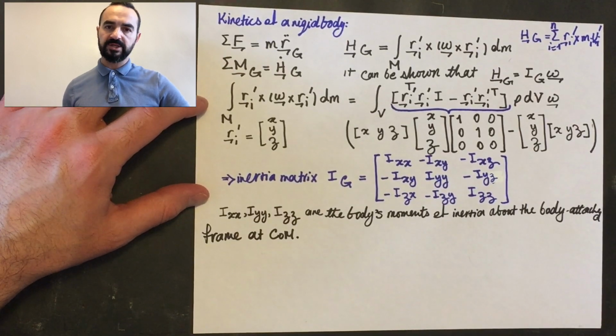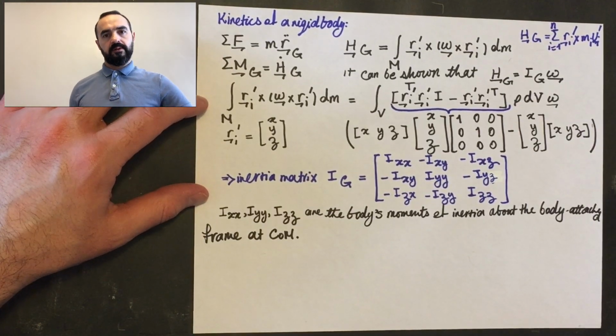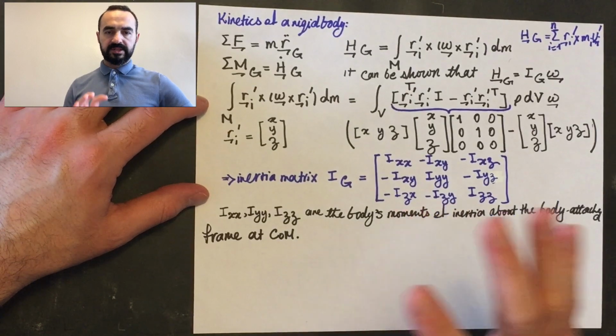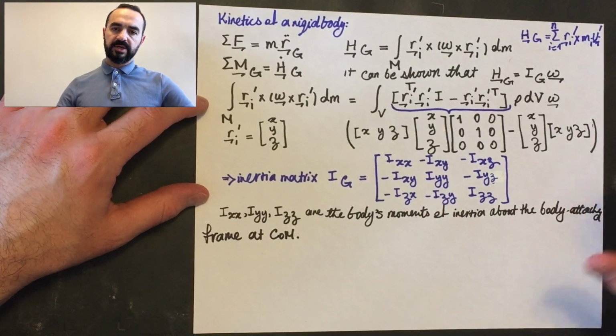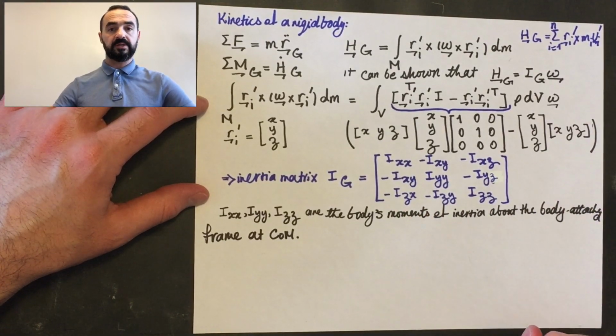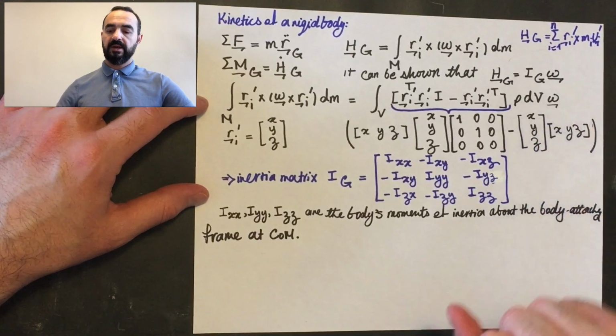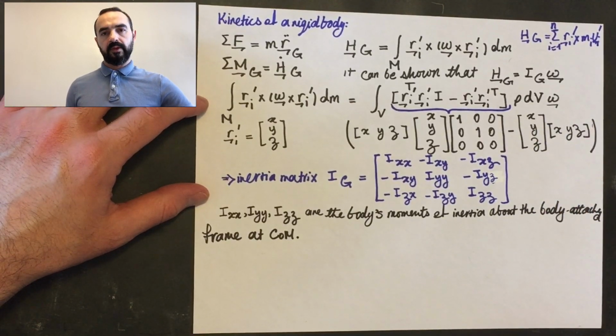They don't change with our omega, right? So the rotational motion of the rigid body does not affect r_i prime and dm.